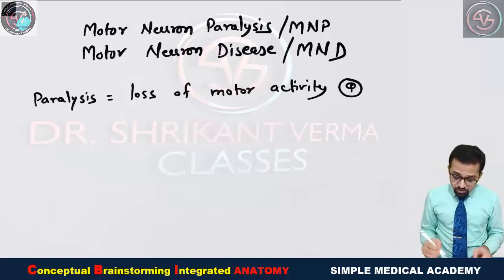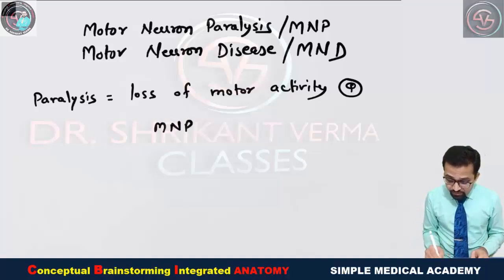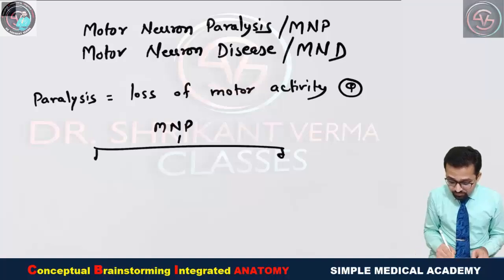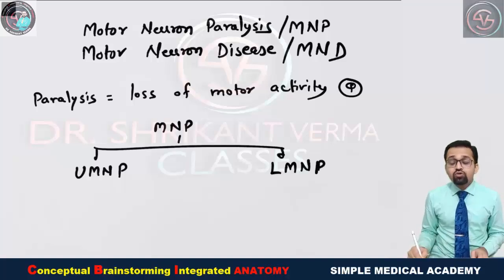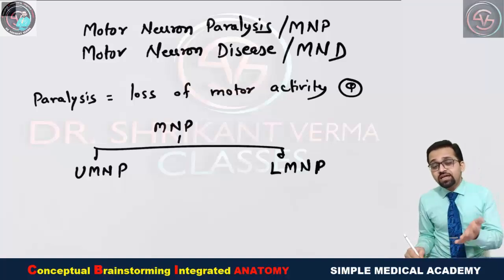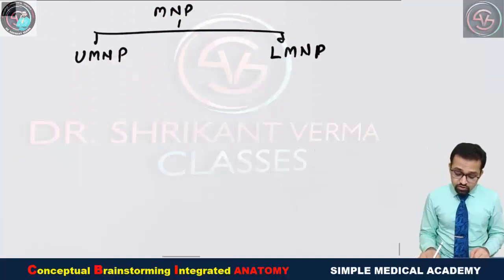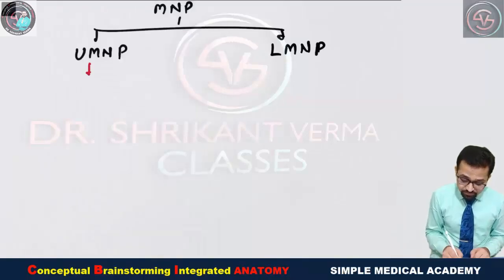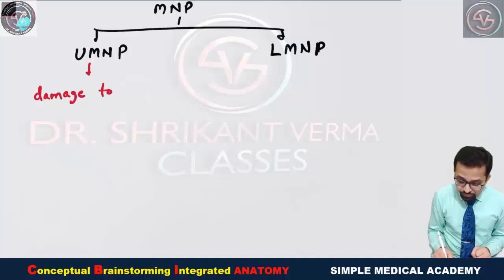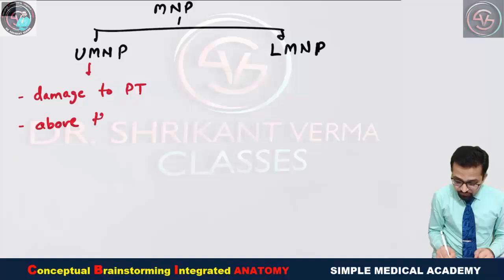Okay, so this motor neuron paralysis is of two types: upper motor neuron paralysis and lower motor neuron paralysis. Also you can say motor neuron disease as upper motor neuron disease and lower motor neuron disease. Okay, so what is upper motor neuron paralysis according to the definition? Damage to the pyramidal tract above the anterior horn cell.